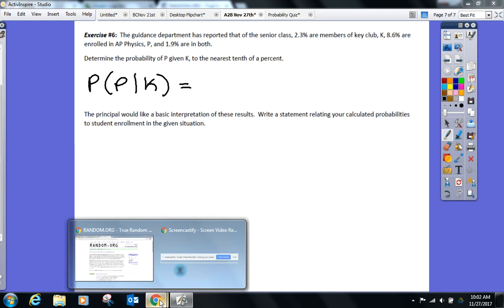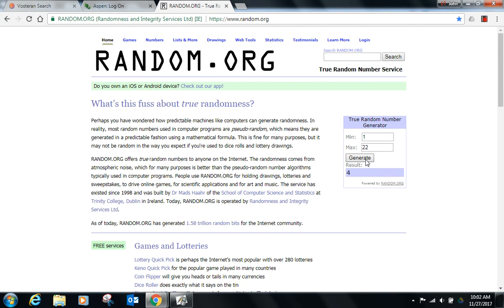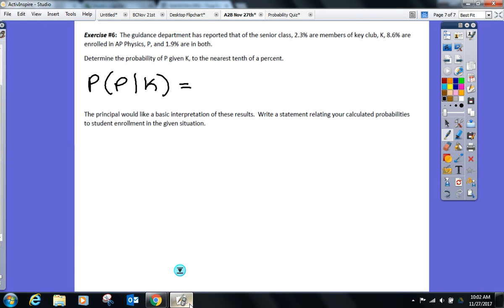All right. So we know it's one of these conditional probabilities. Austin, ready? The formula says, what should I always put on top? Don't give me any numbers, just the probability on any conditional probability problem. In the numerator goes the probability they take Physics and Key Club.